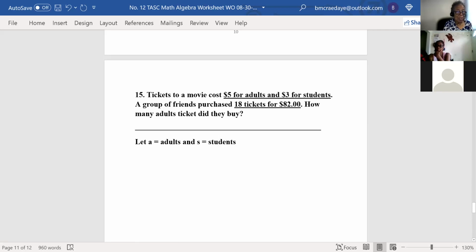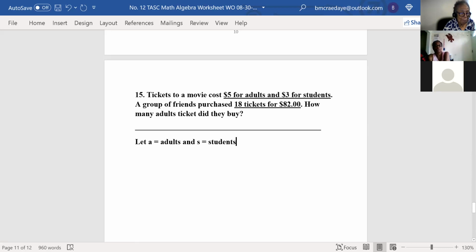Okay, so what equations can you set up now? No, you can set up equalities. If they bought 18 tickets, what can we say about A and S? What can we write as an equation with A and S with 18 tickets sold?